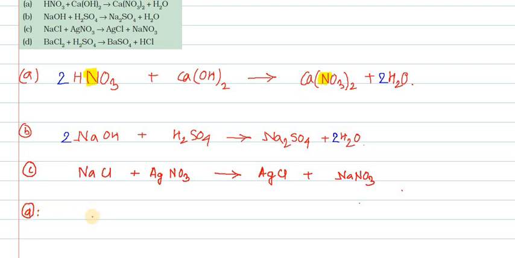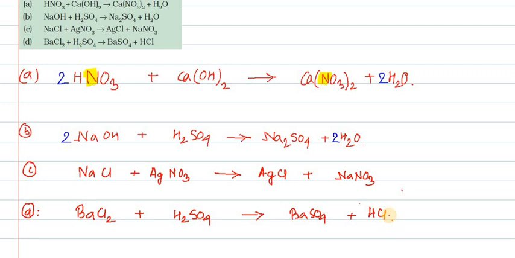For part D, we have BaCl2 plus H2SO4 becomes BaSO4 plus HCl.